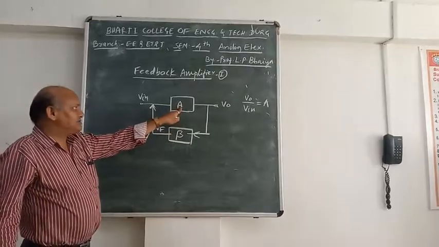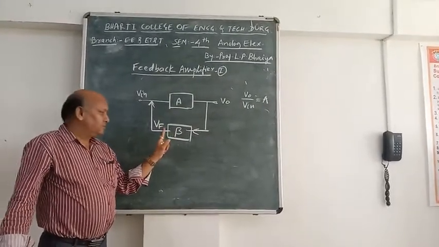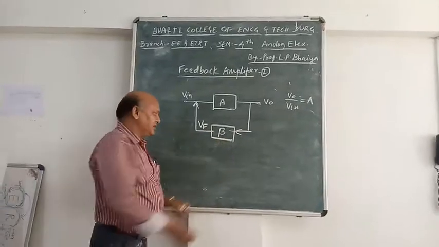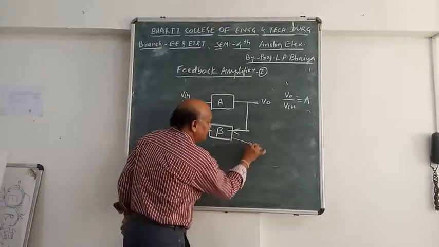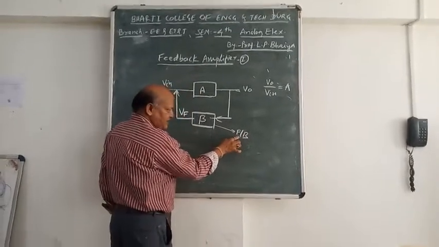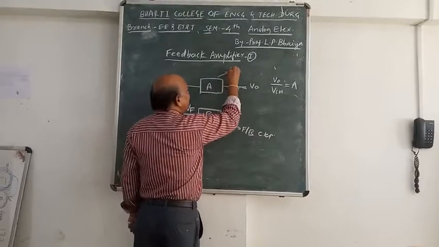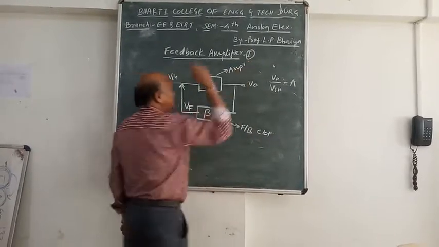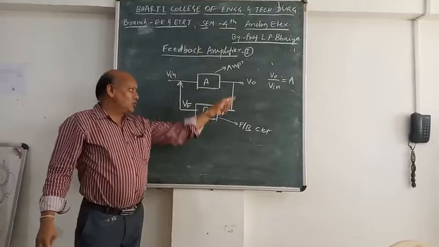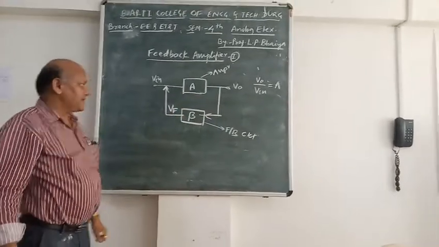Here A is the open loop gain, and beta is the feedback factor of the feedback circuit. This block indicates the feedback circuit, feedback being abbreviated as F/B. So this is the feedback circuit and this is the amplifier. This closed loop circuit with this amplifier is called a feedback amplifier.